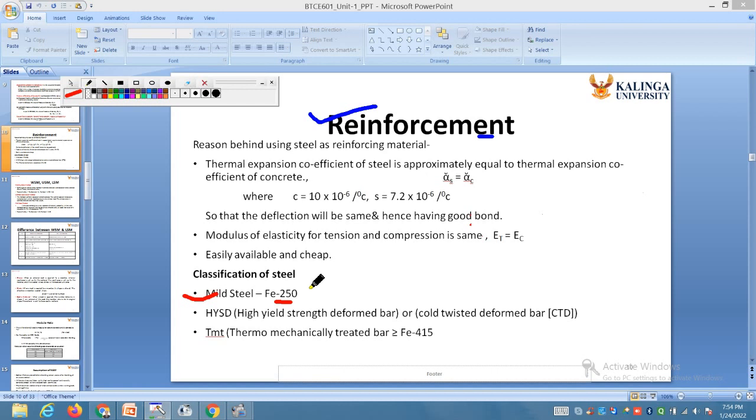In mechanics of solids or strength of materials, you might have tested a steel rod in a universal testing machine. In the tensile test, initially when the steel rod is subjected to axial pull, stress is directly proportional to strain. The material obeys Hooke's law, and a straight line is obtained.